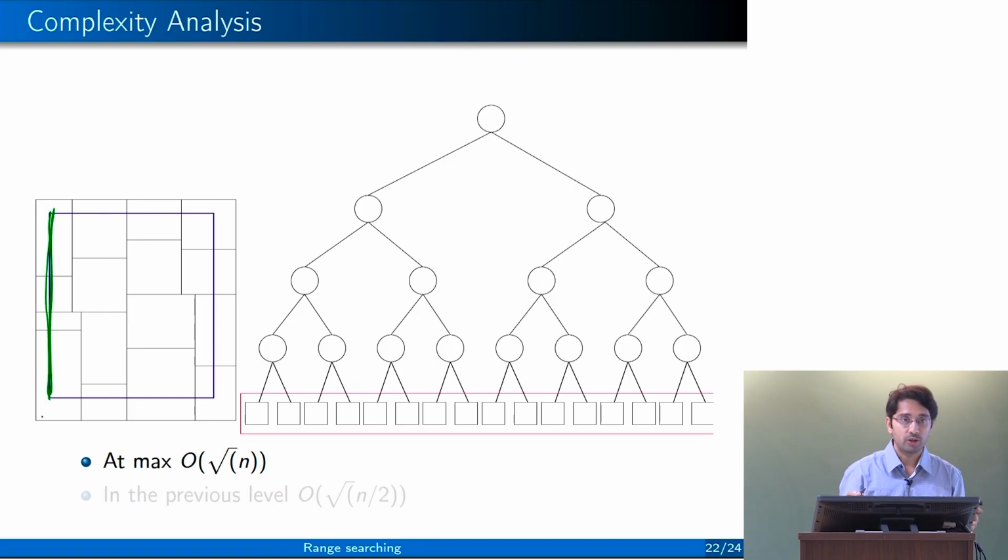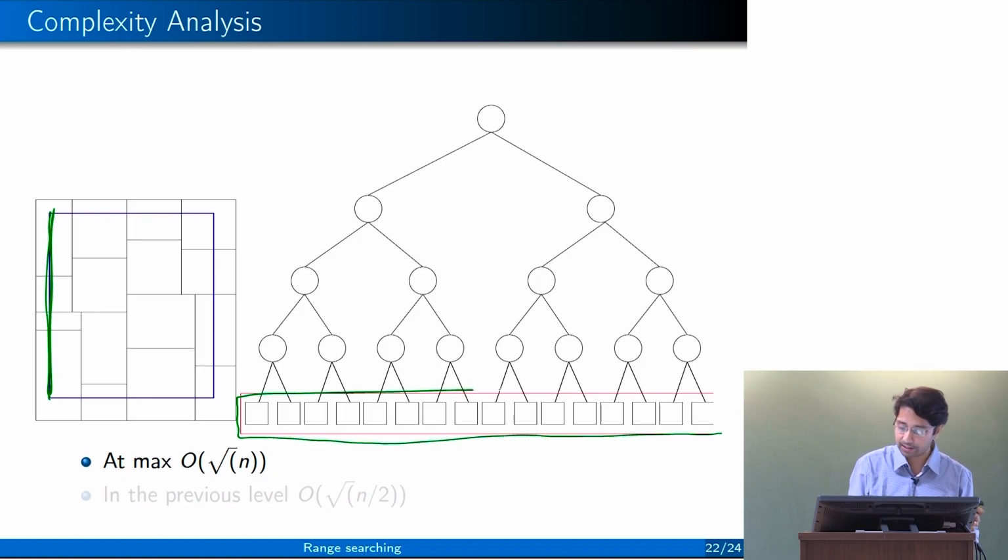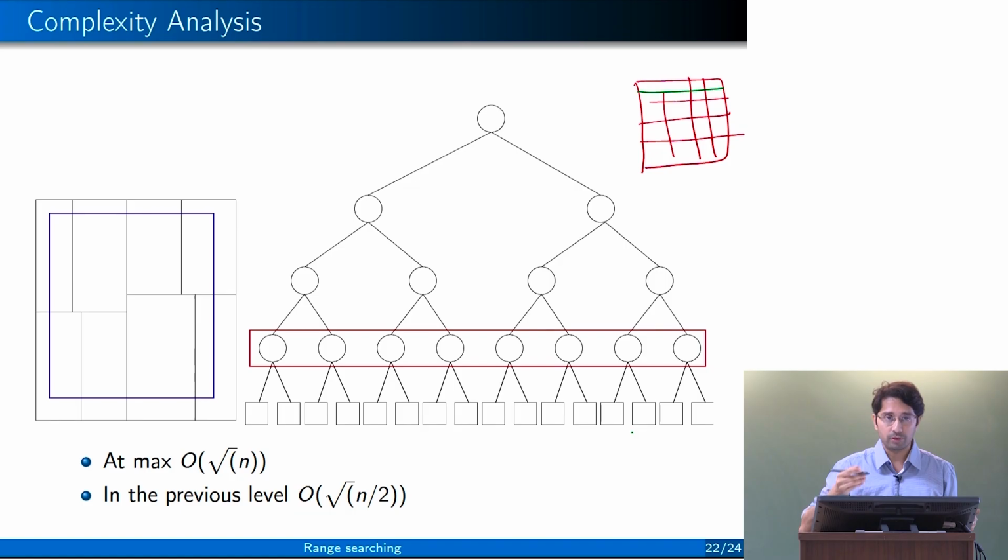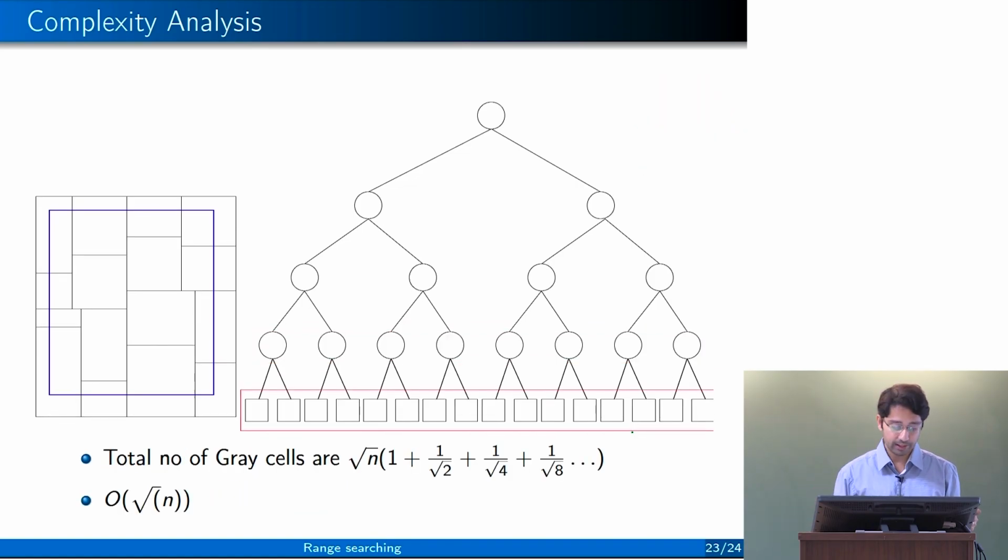To do that, I look at how many boxes from the last level this line intersects, that is root n. Next level root n by 2, next level root n by 4, like this. Eventually, if I sum them up, I intersect at most order root n boxes.